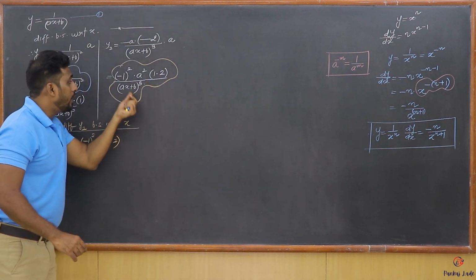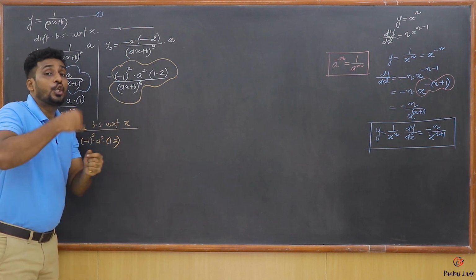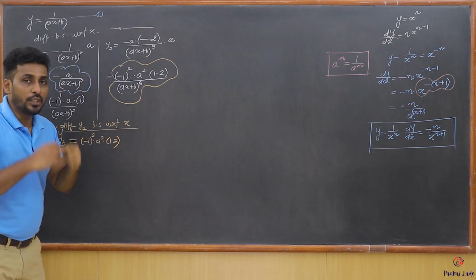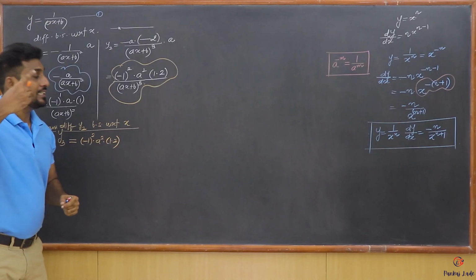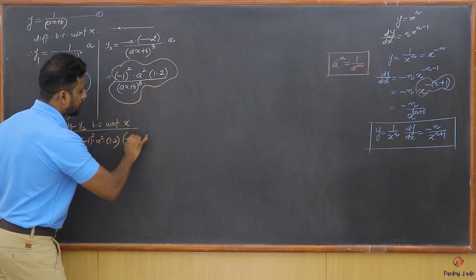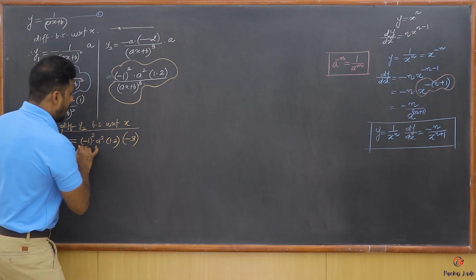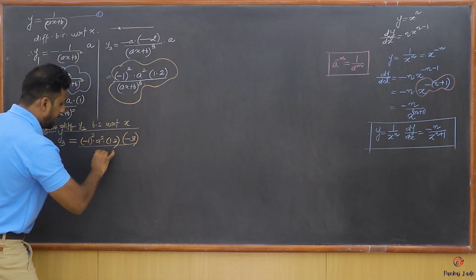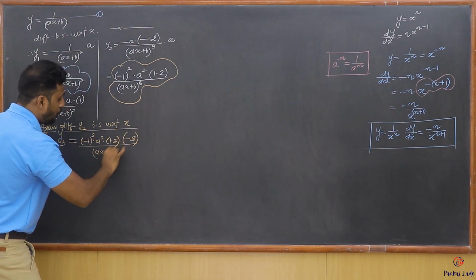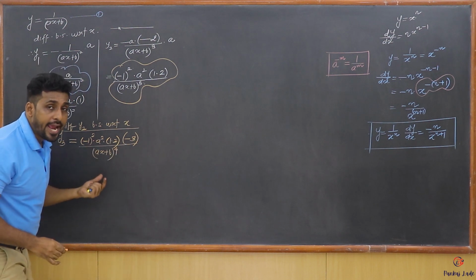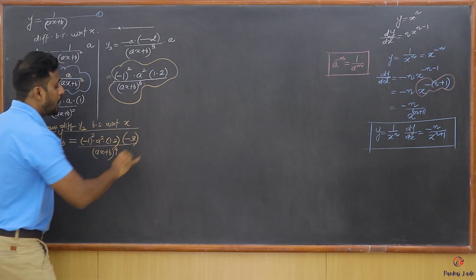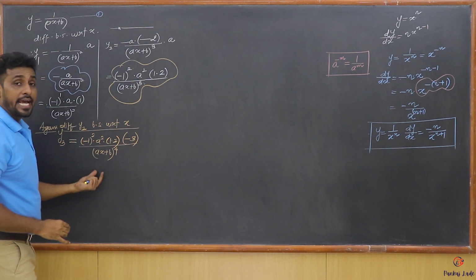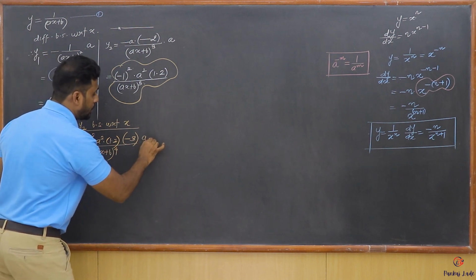So here 1 upon ax plus b cube, you get minus n. So I write here minus 3 upon ax plus b raised to 4. But this is not x, this is ax plus b. So again, I should be writing the derivative of ax plus b, which is a.